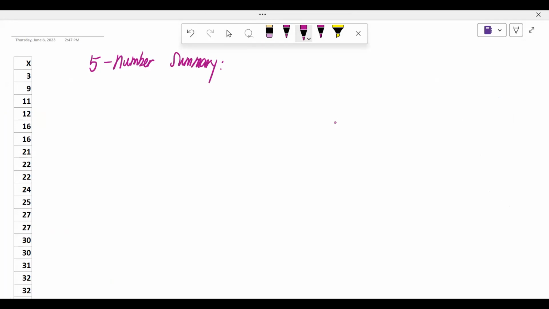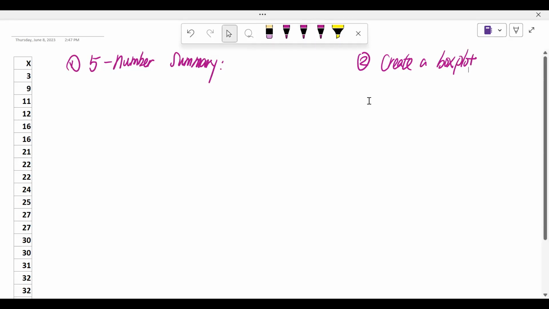The second thing you do is create a box plot. Okay. I'll give you 10 minutes and then we will go over the solution together, right? This is a real data set. Let's see if we can come up with a box plot from there.